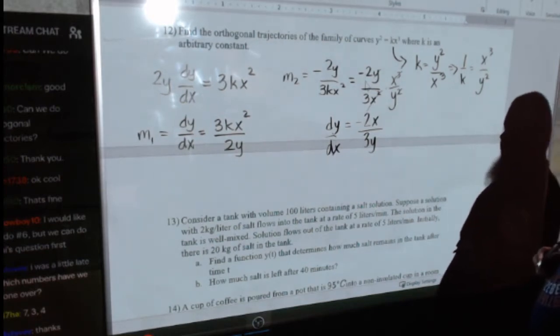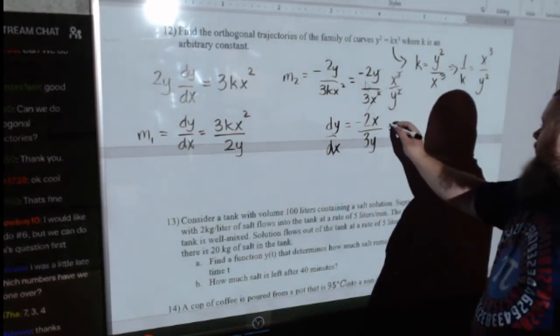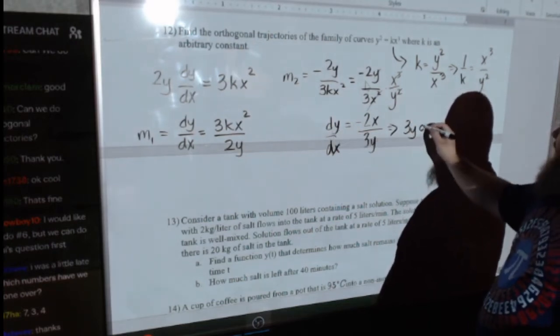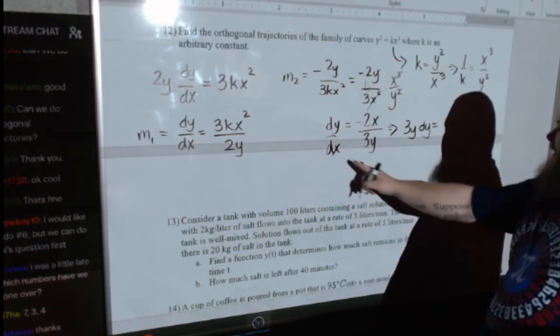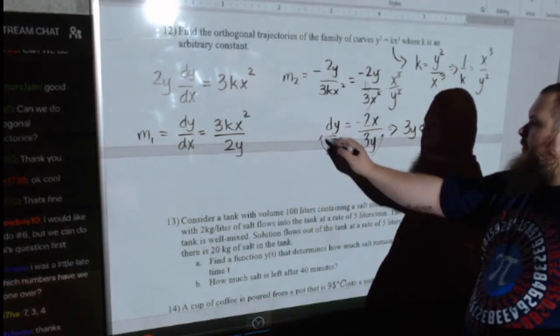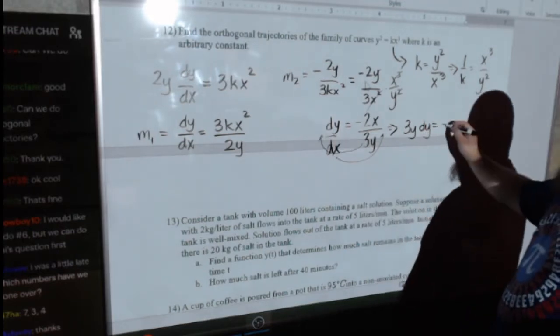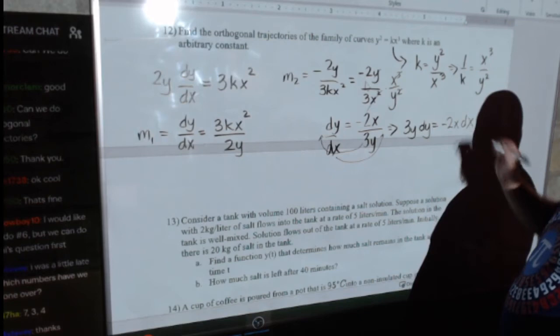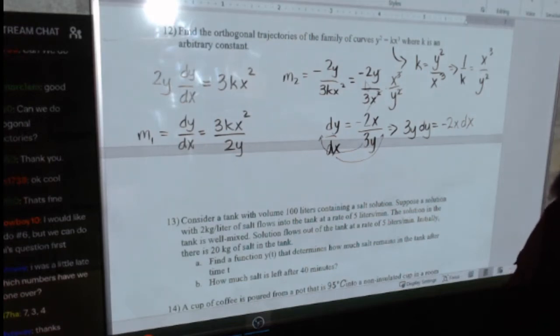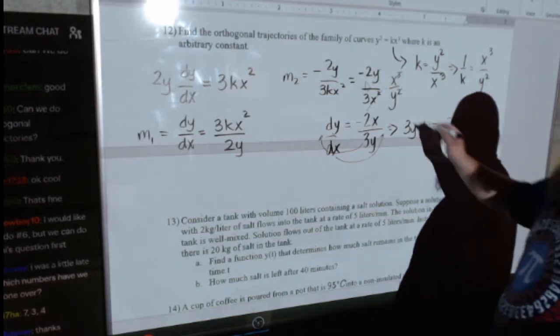That is a separable differential equation. So if I move the 3y over here with the dy by multiplying, and then multiply the dx on that side, I have that. Then I can integrate both sides.